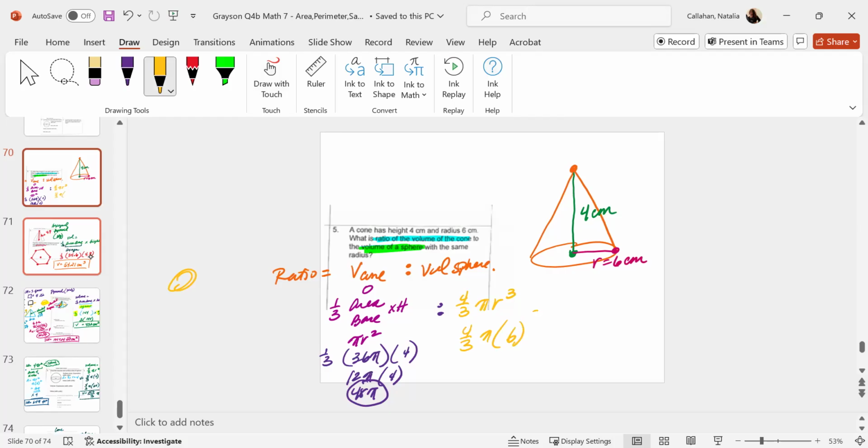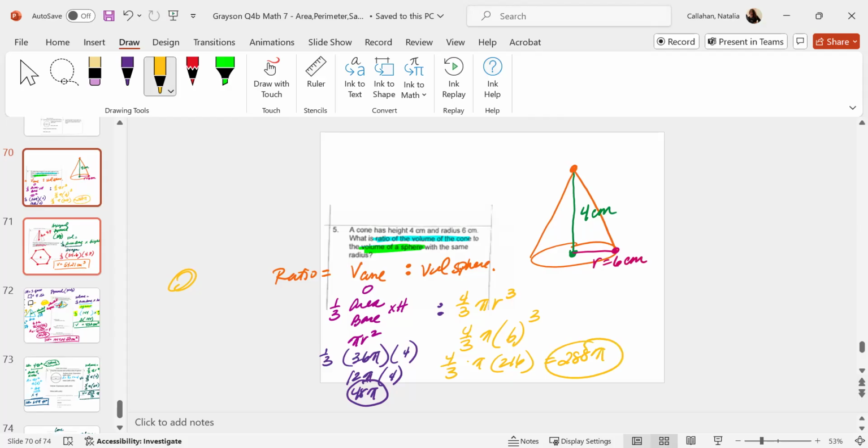Pi times 6 cubed. 16 divided by 3 times 4. So this is 288 pi.